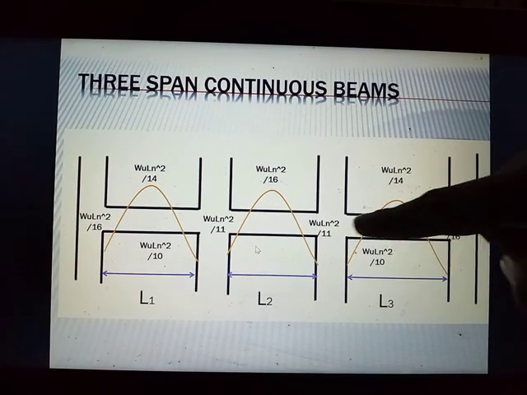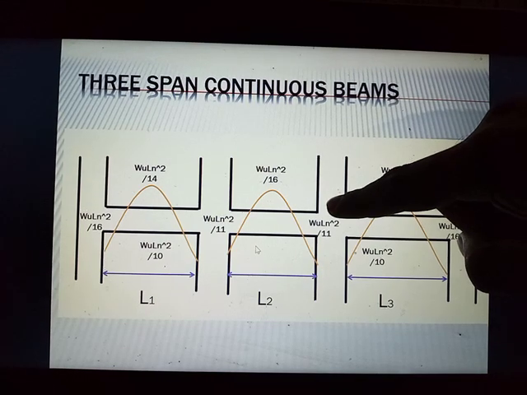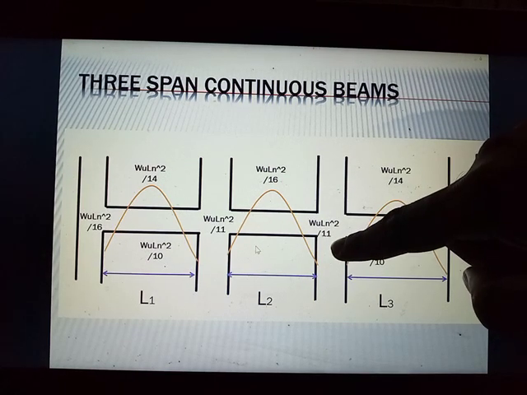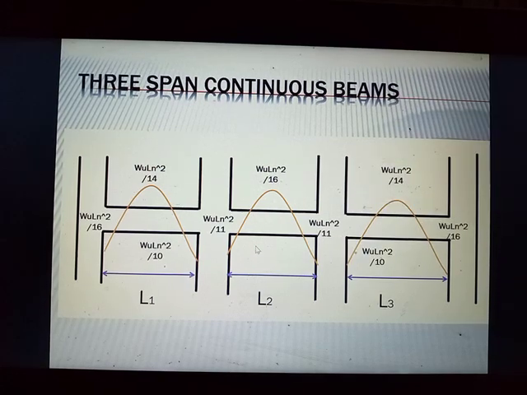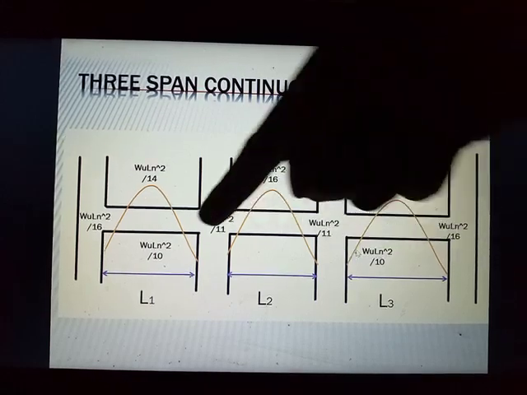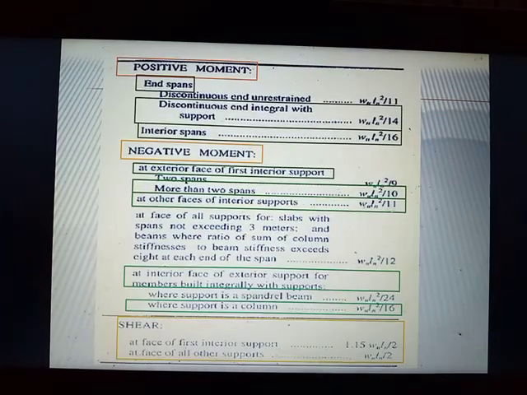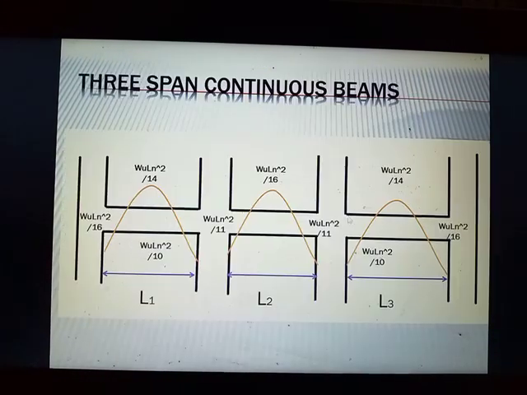And since this is also an adjacent support to an exterior support, this is also a first interior support, and these are the exterior faces of each of those interior supports. So we use WLN squared over 10 respectively according to this table. And then at the other interior supports, we use WLN squared over 11.